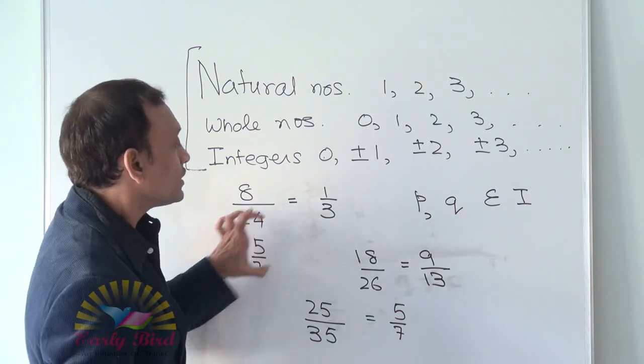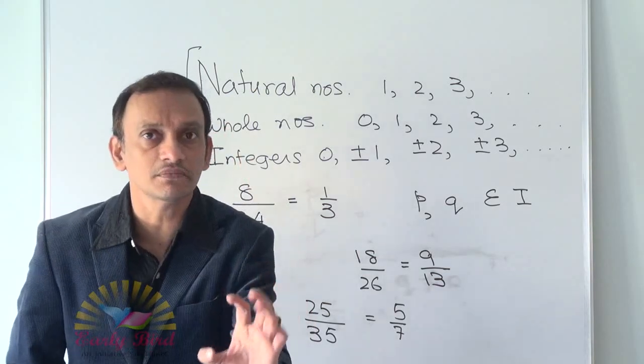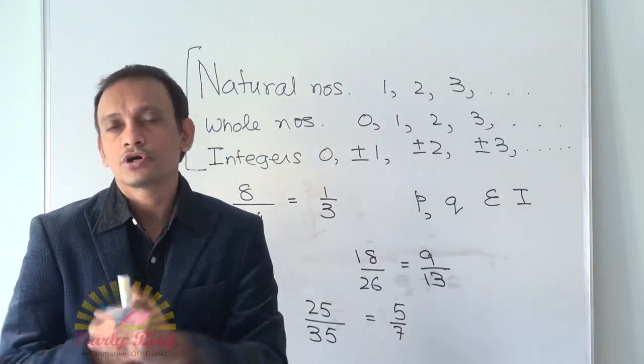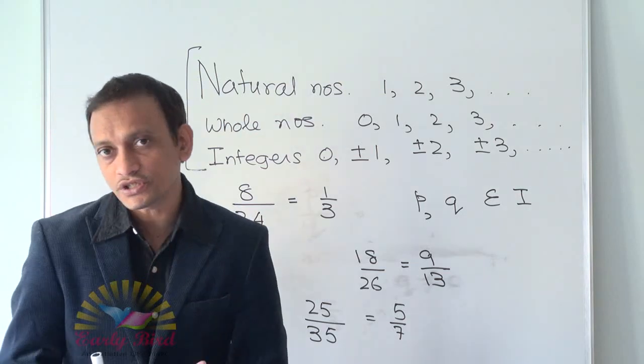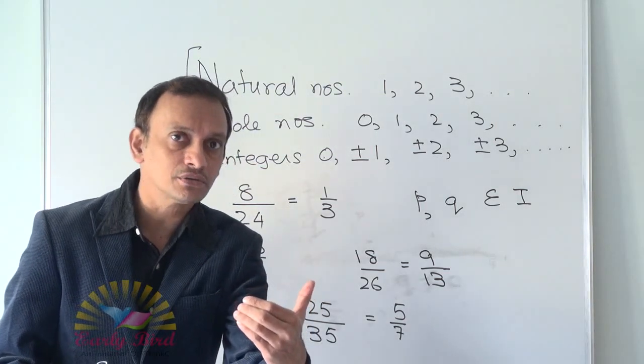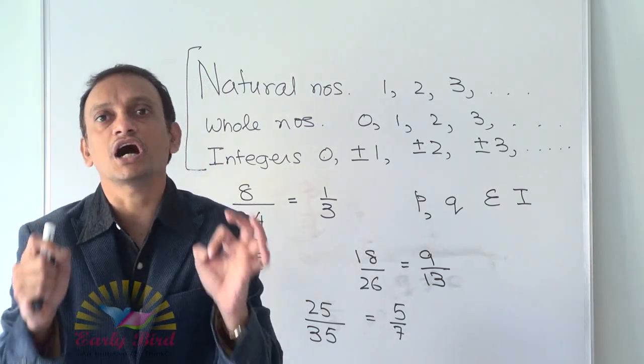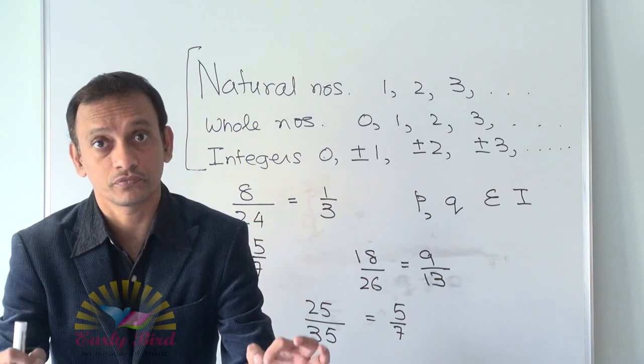Which means every rational number could be reduced to a ratio of 2 integers, one in the numerator and one in the denominator, that have no factor other than 1 in common, right?